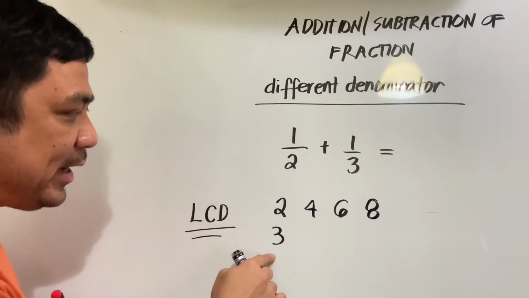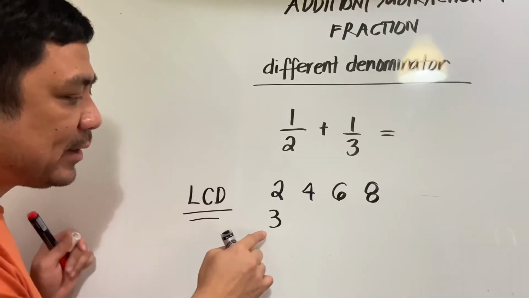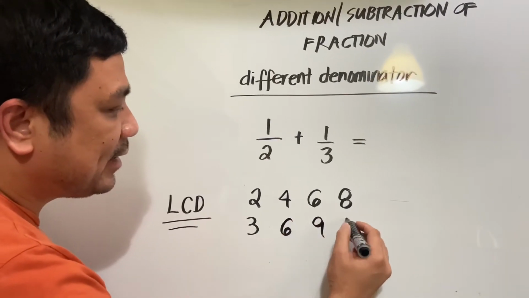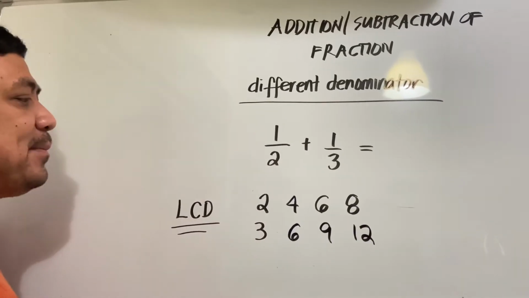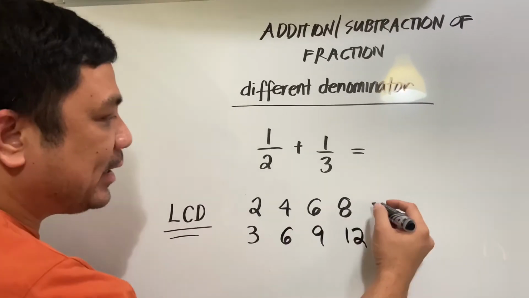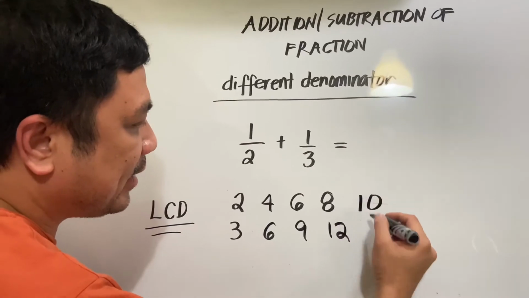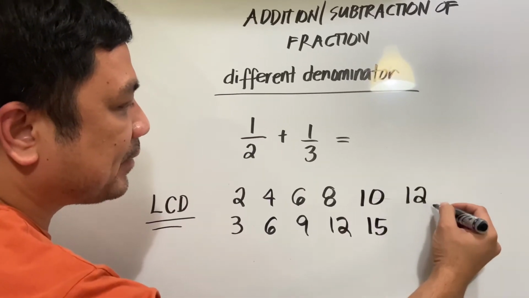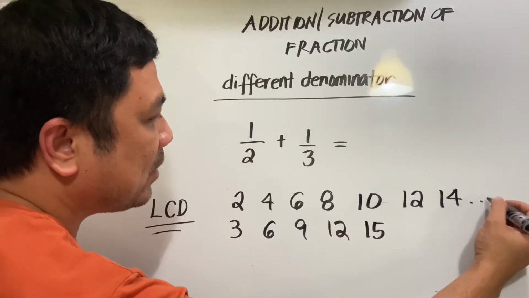And then also for 3, the next number is 6, the next number is 9, the next number is 12, and so on and so forth.